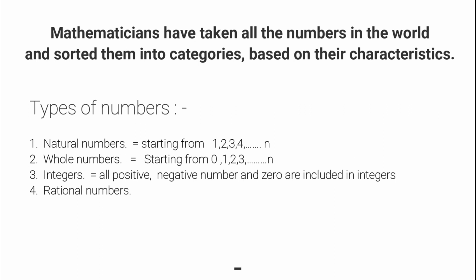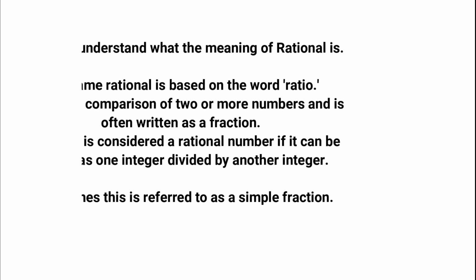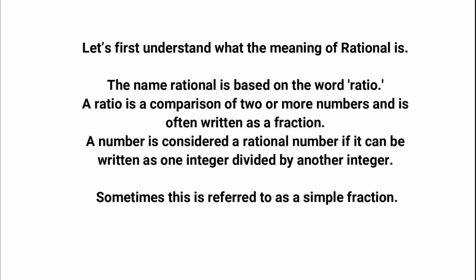And this fourth, rational numbers, you are going to learn in this chapter, as this chapter is all about rational numbers. So my dear friends, let's first understand what the meaning of rational is. As it is the name of the chapter, we should first understand what exactly the meaning of rational is.